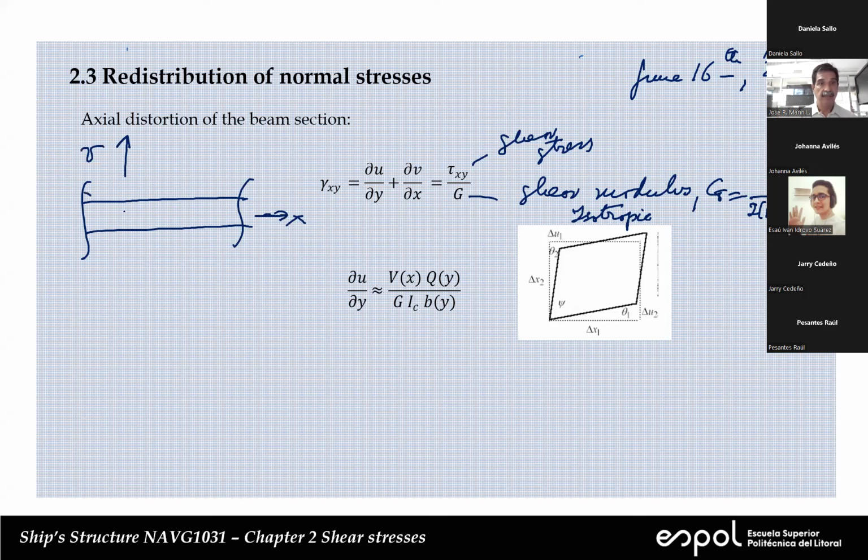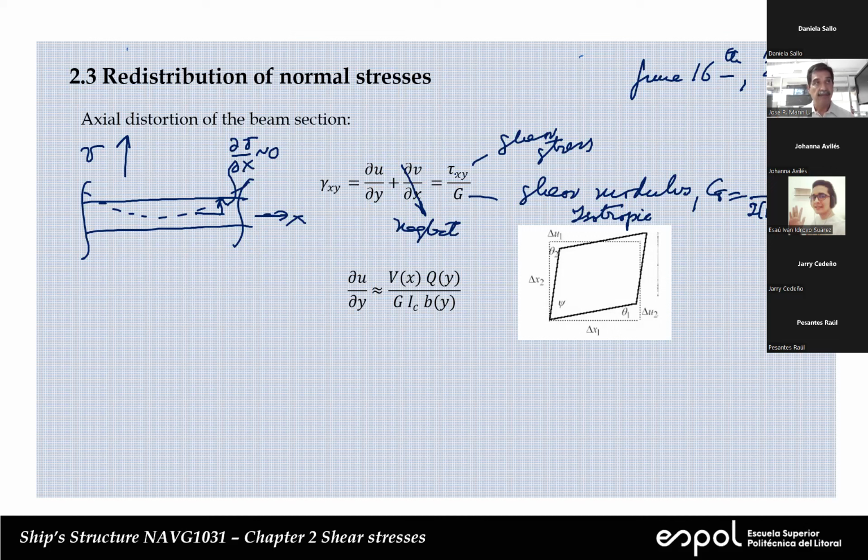This deflection is small, so this slope, dv/dx, we consider small and we can neglect it. If we neglect this, then we have du/dy equal to simply this.